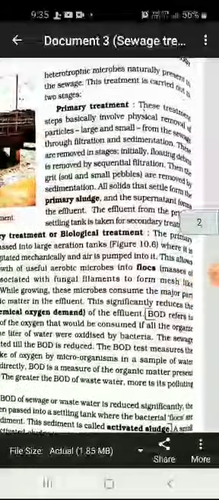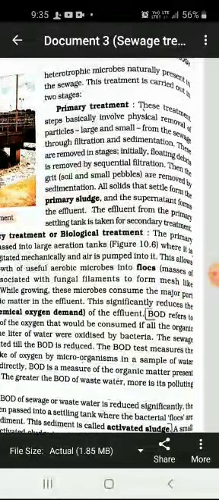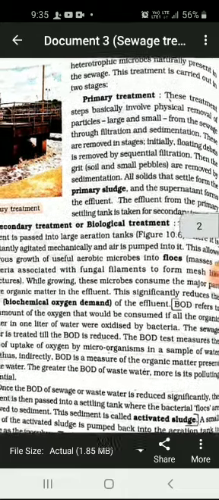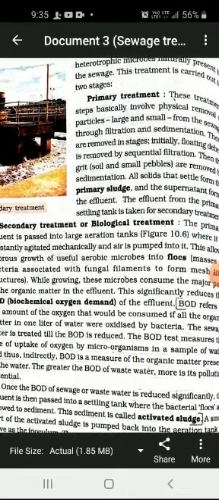Now, this BOD is one very important topic in this connection and requires thorough discussion. BOD is the biological oxygen demand of the effluent. BOD refers to the amount of oxygen that would be consumed if all the organic matter in 1 liter of water were oxidized by bacteria.